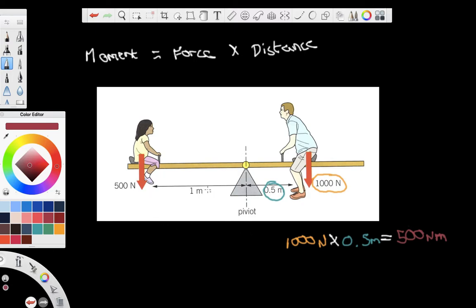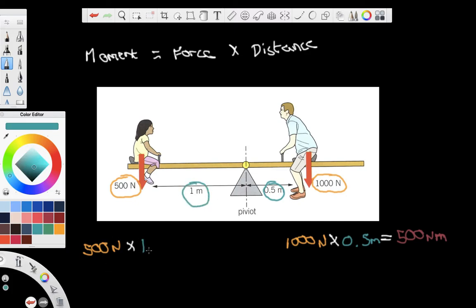If we want to work out the moment of the young girl, we can say that she is creating a force of 500 newtons, which is half that of the man on the other end. We can times that by the distance from the pivot, which in her case is 1 meter.